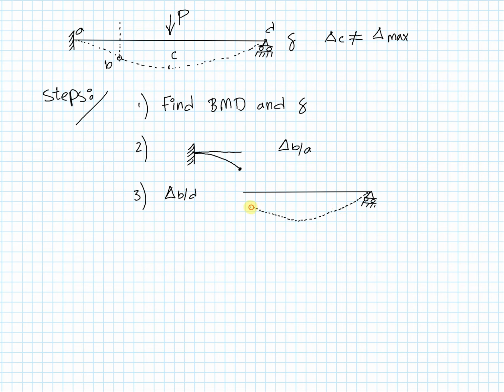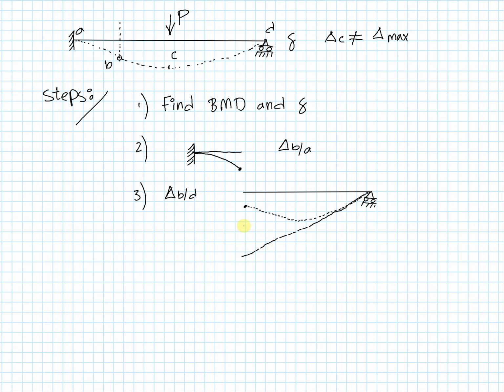Going back up. And if I were to draw a tangent from point D to point B, it would look somewhat like that.